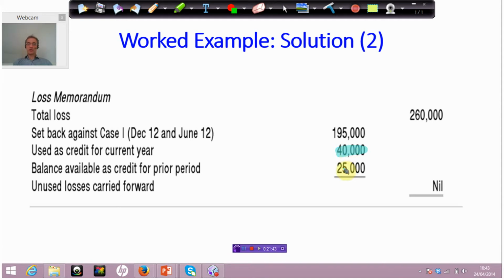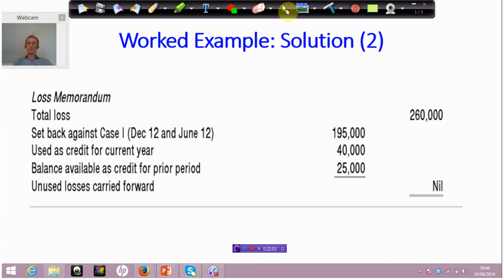Then over and above that, we went back as far as we could against the immediately preceding period's other income. And because of doing that, we ran out of losses. So we have no losses to carry forward against future income of the same trade.